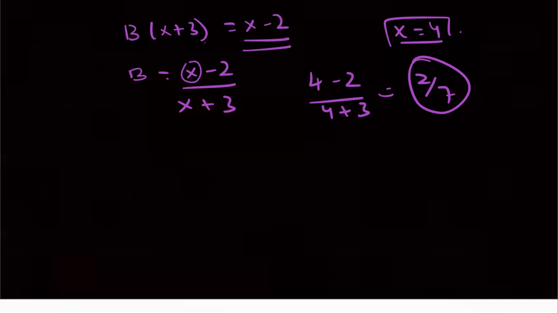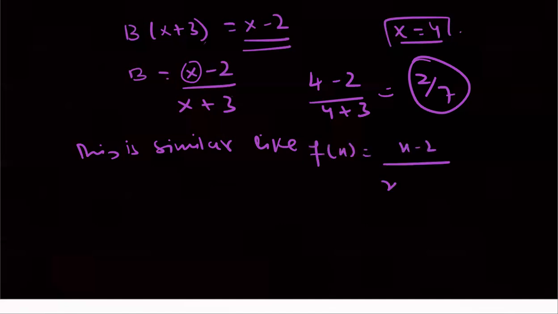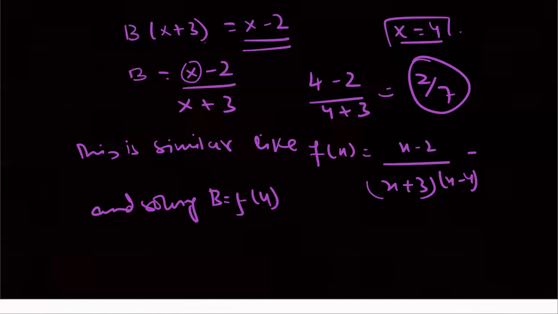Okay. So now we have all the values. So this is basically similar to looking at f of x, this function, and solving b is equal to f of 4 with the factor covered up.